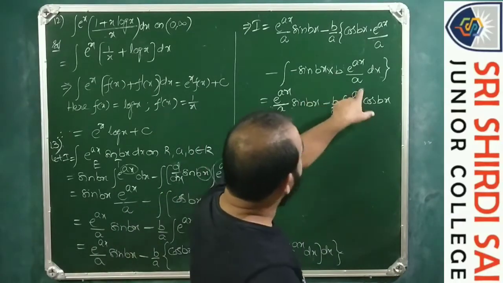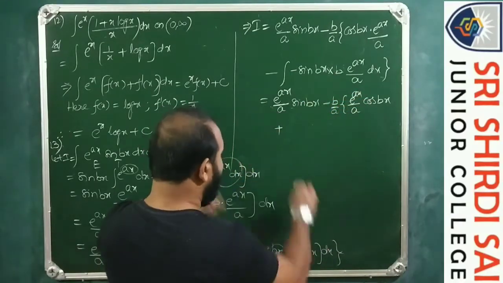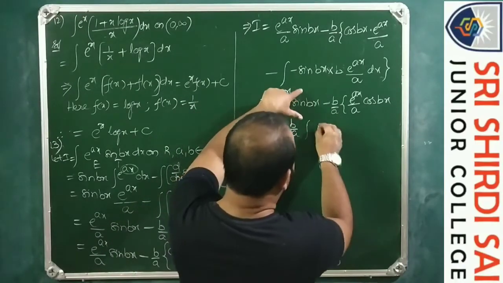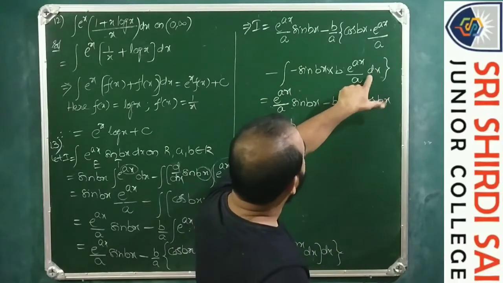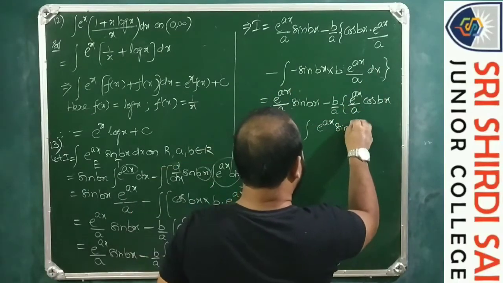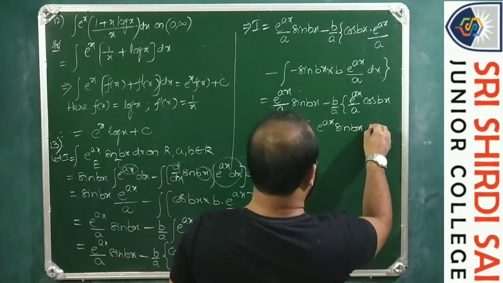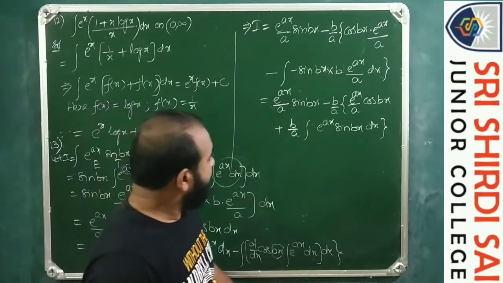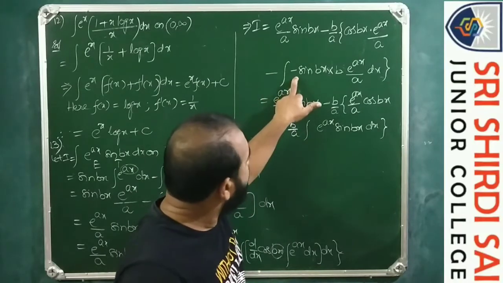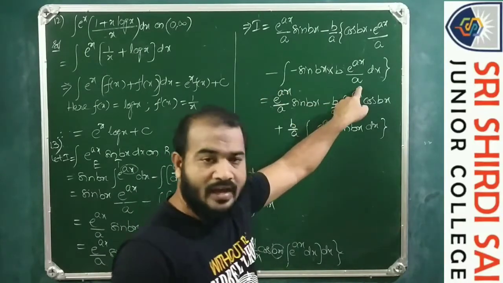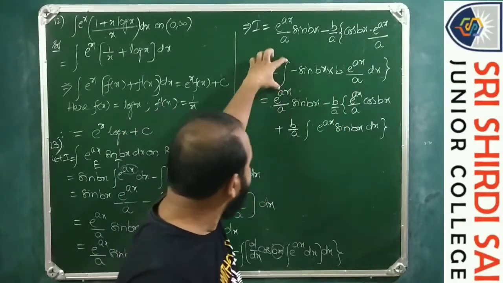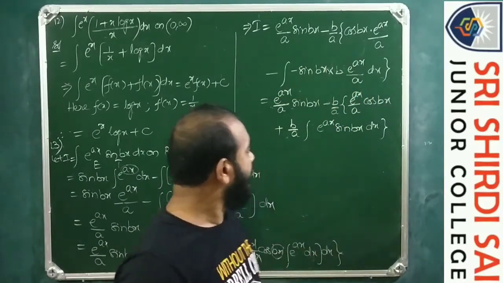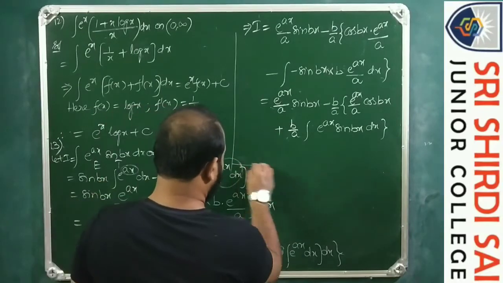Here b by a is constant, so let us separate it from the process of integration: b by a into integral e power ax into sin bx dx.